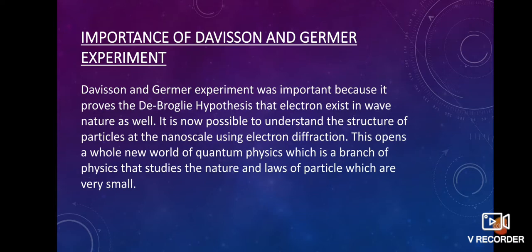So here we will discuss the importance of the Davisson and Germer experiment. It was important because it proves the de Broglie hypothesis that electrons exist in wave nature as well. It is now possible to understand the structure of particles at the nanoscale using electron diffraction. This opens a whole new world of quantum physics, which is a branch of physics that studies the nature and laws of particles which are very small.